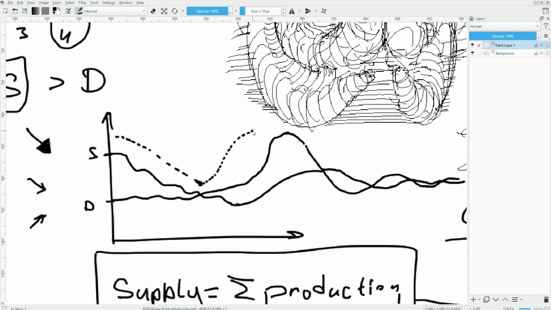So here we have price growing, right? Finally, here price stops growing. Now price is decreasing because supply is larger than demand. Price is going down. Now supply is again smaller than demand. Price is going up.